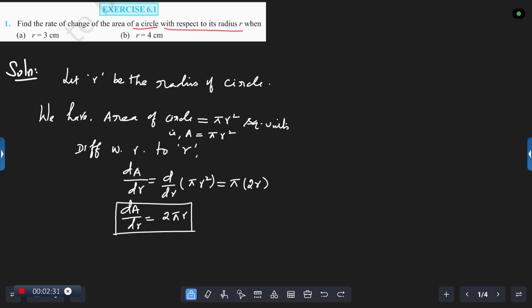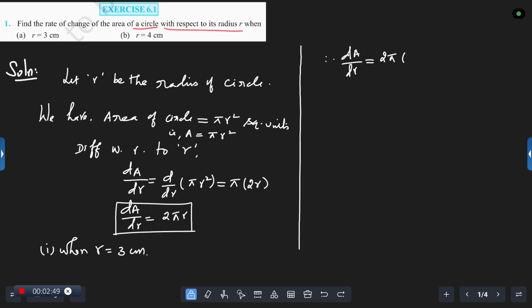First case, when r equals 3 centimeter. Then dA by dr equals 2 pi r, which is 2 pi into 3, equal to 6 pi centimeter square per centimeter.